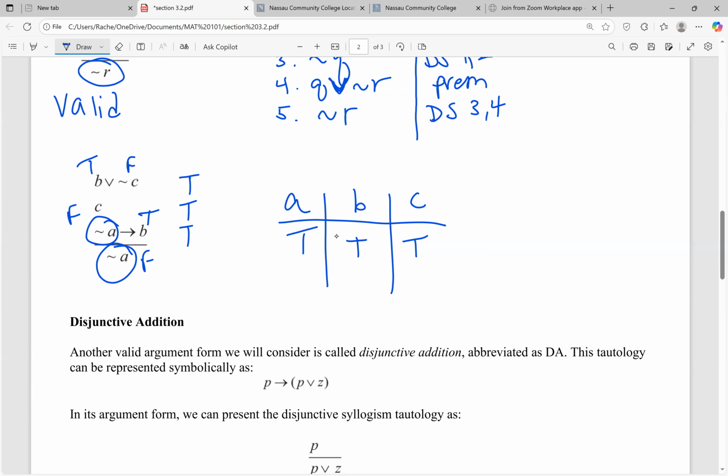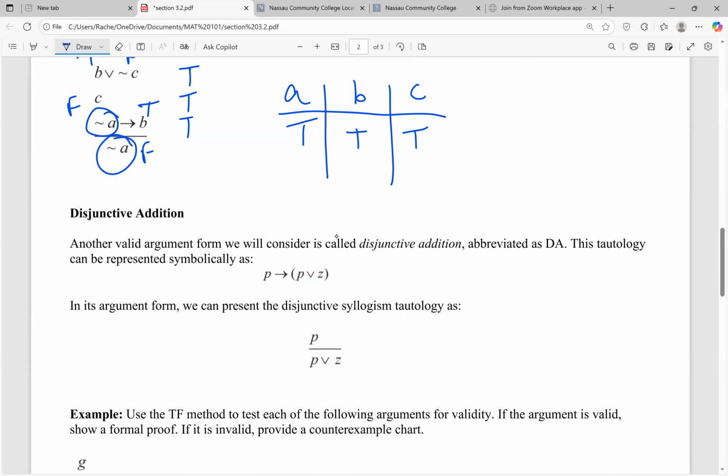So there's one more valid argument form in this section. It still involves a disjunction. And this one's called the disjunctive addition, and we're going to abbreviate it DA. So symbolically, this tautology can be represented as if P, then P or Z. So in argument form, we have the premise P, and then we have the conclusion P or Z, which makes sense, right?